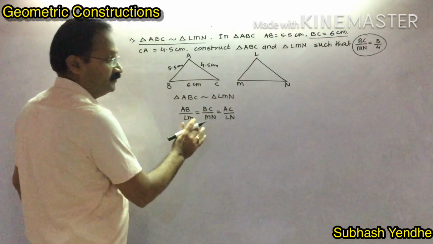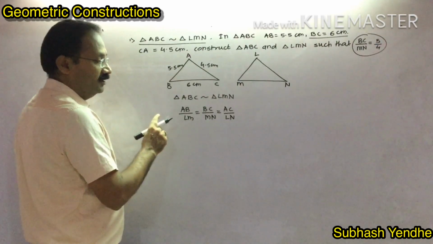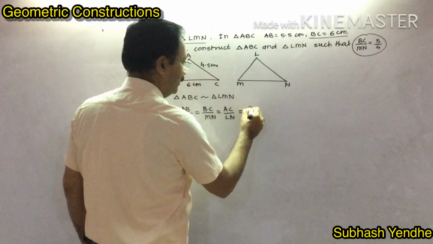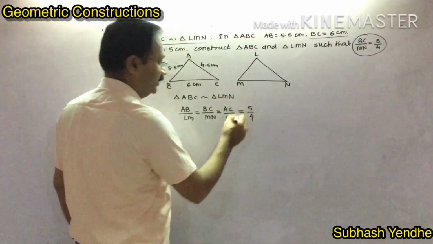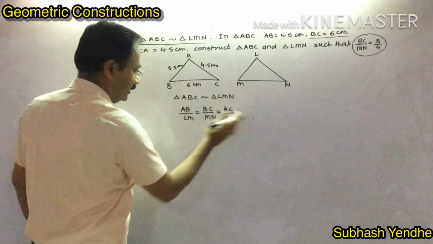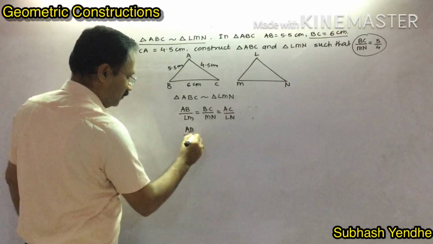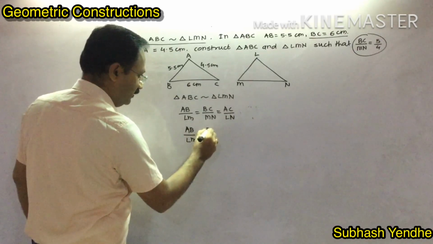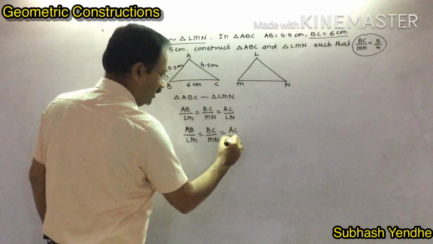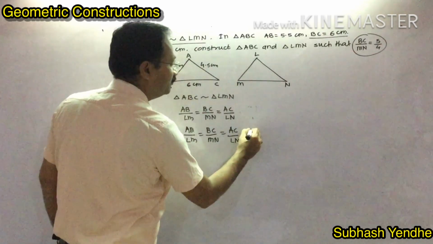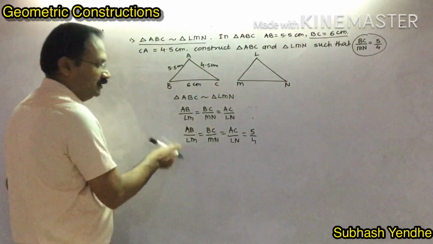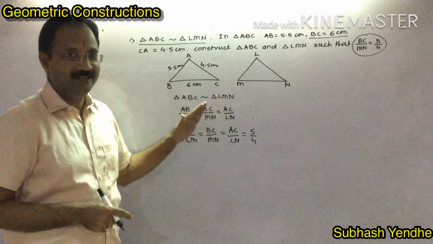Okay, now let's see another idea. If you want, you can write 5 upon 4 directly here also. But in the next step, I am going to write: AB upon LM equals BC upon MN equals AC upon LN equals 5 upon 4. Because its value is 5 upon 4, all the ratios are 5 upon 4.